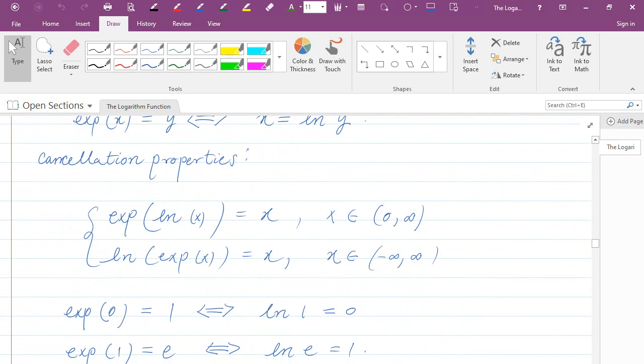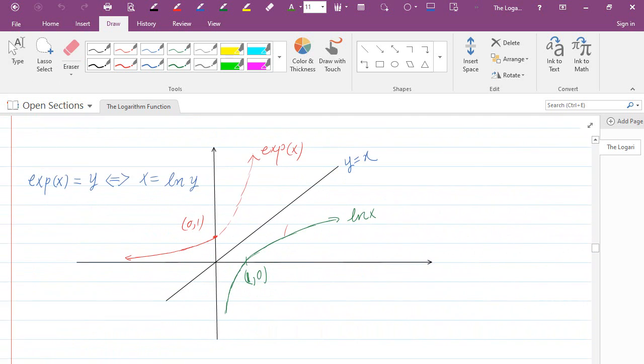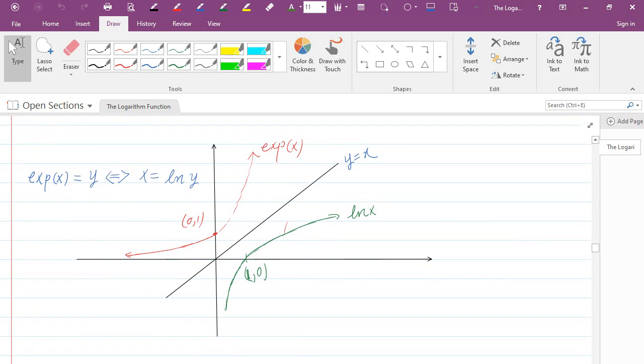Okay, so that's the exponential function, and let's look at its graph. Recall the graph of the natural log function. The green curve here is the graph of the natural log function, and this is the line with slope 1 passing through the origin.